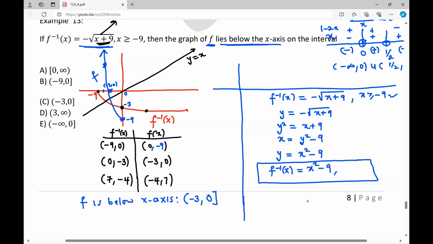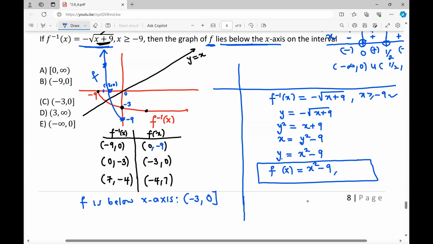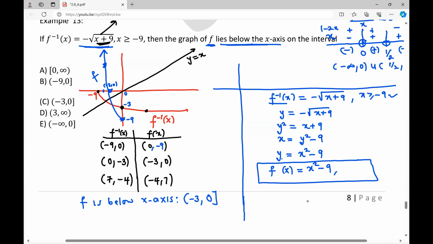This is not going to be our F inverse now, but it's actually going to be our F, because we started with F inverse. So what will be the domain here? The domain here will be the range of the given graph. What is the range of F inverse, the red graph?